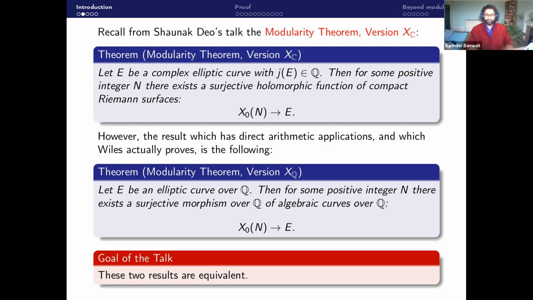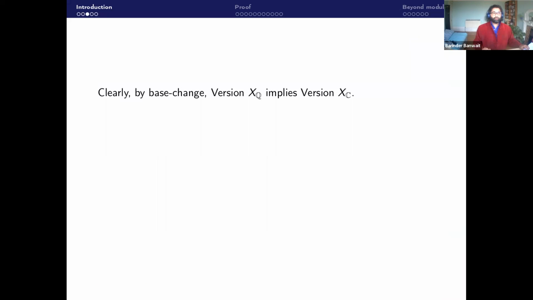So we'll get there. Now, firstly, observe that by base change, an elliptic curve over Q is clearly an elliptic curve over any extension. If you have modularity over Q, then you can base extend this. And so we have the clear implication of version XQ implying XC.